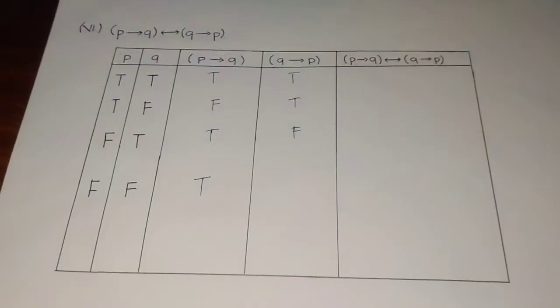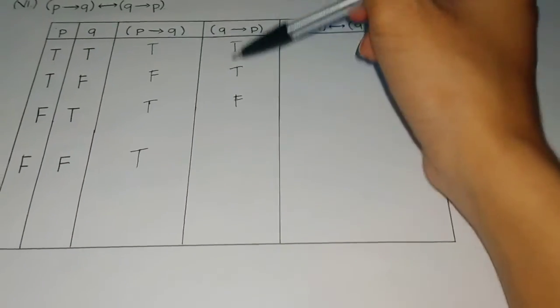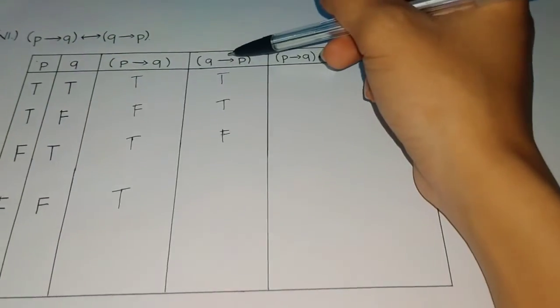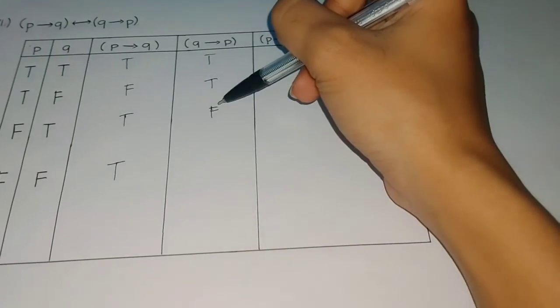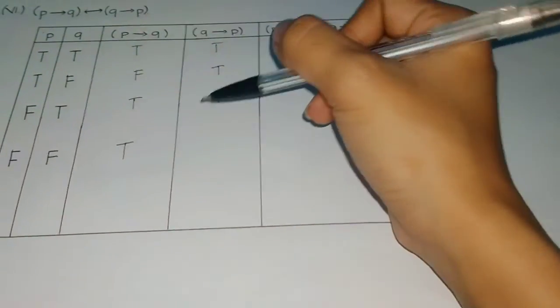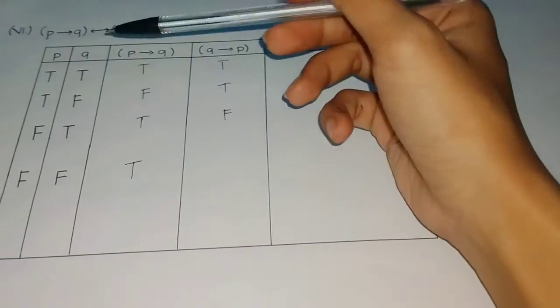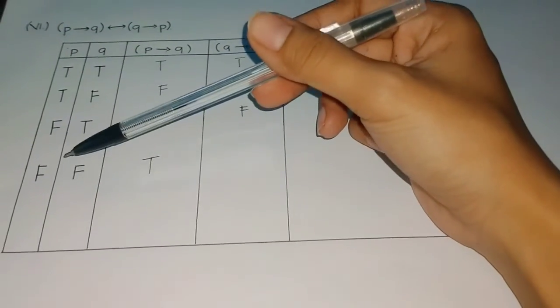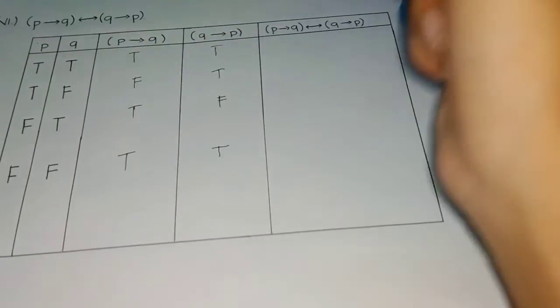And in the third row we write this as false because, as we can see here, Q implies P, so we need to focus on the letter P. So it is false. And the last row, Q implies P, as we can see here, it has the same truth value, so we will write this as true.